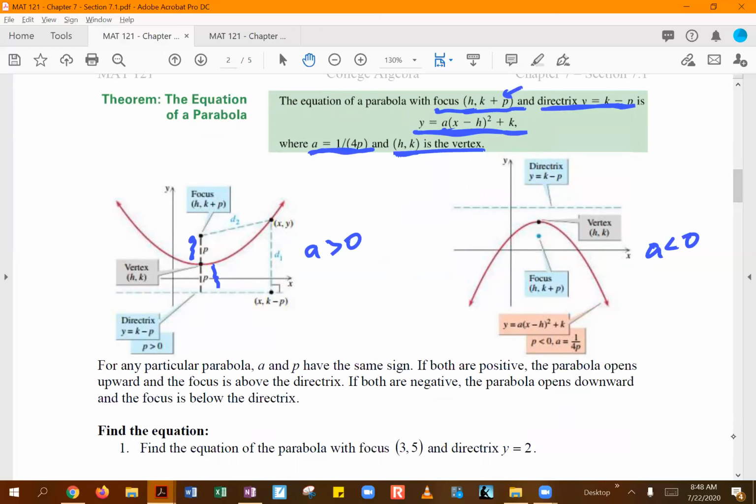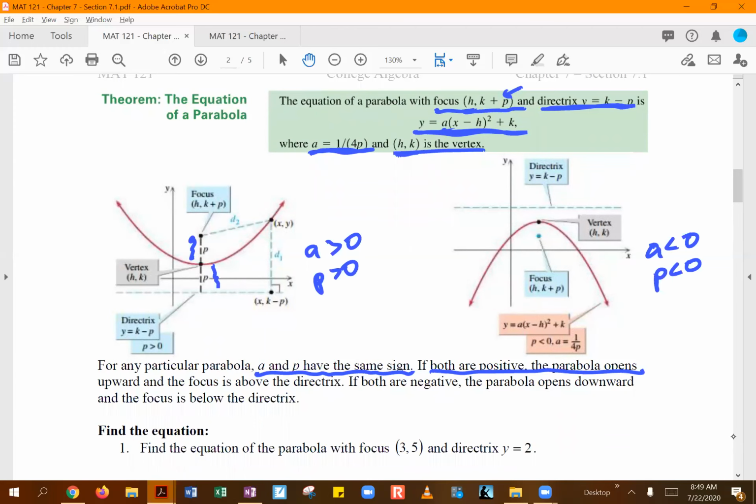Since we have a relationship between a and p over here, a equals 1 over 4p, that tells us that both a and p will have the same sign. If a is positive, p will also be positive. If a is negative, p will also be a negative number. So just keep in mind, if both are positive, the parabola will open up.